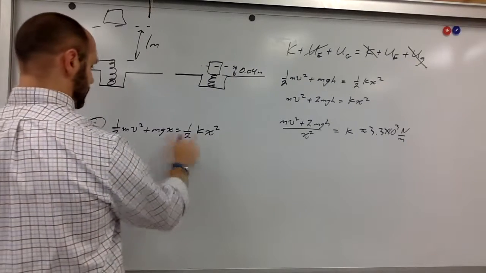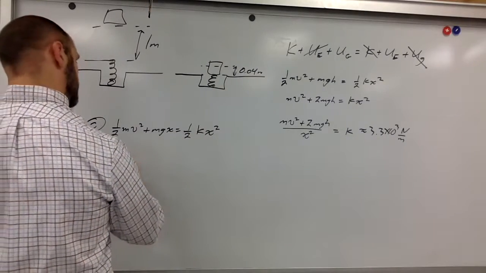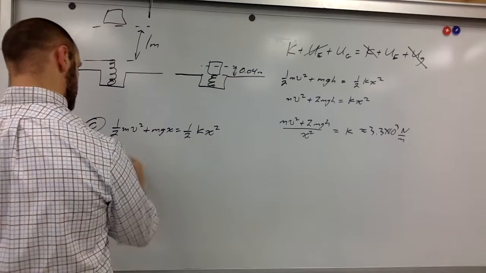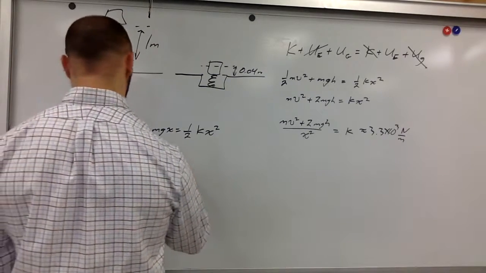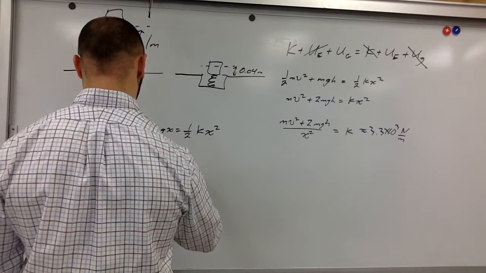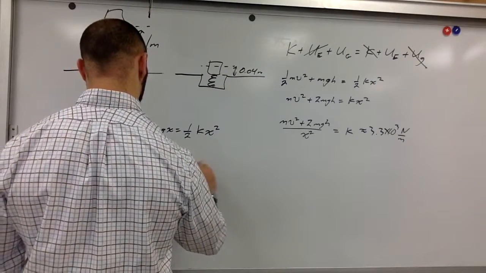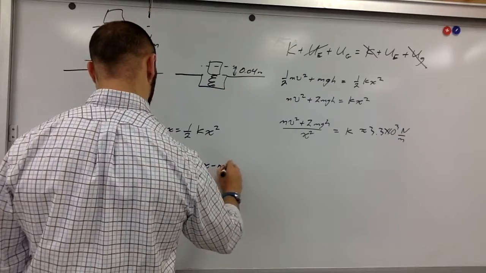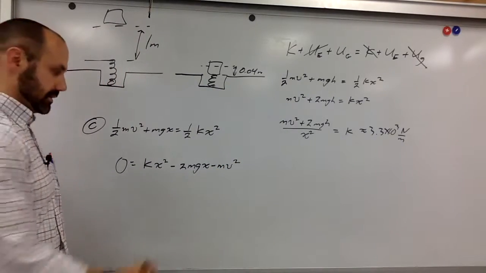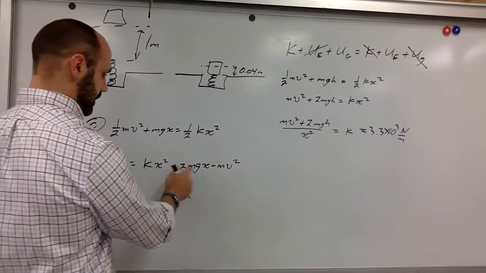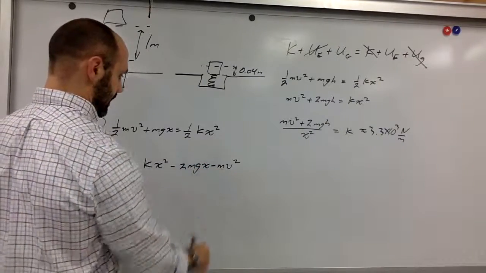So now, if I look at what I have here, this is going to be 0 equals kx squared minus 2mgx minus mv squared. What I have is a quadratic equation. And since it's a quadratic equation, I plug in k, 2mg, and m.